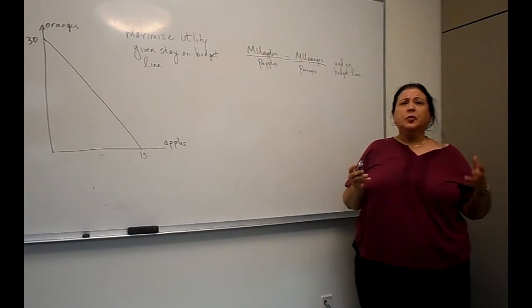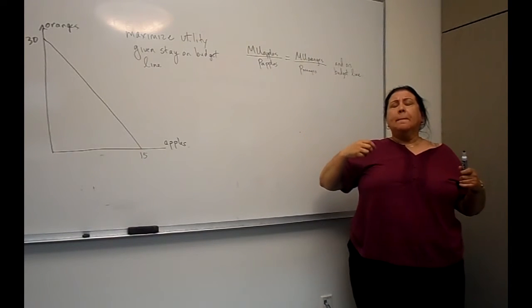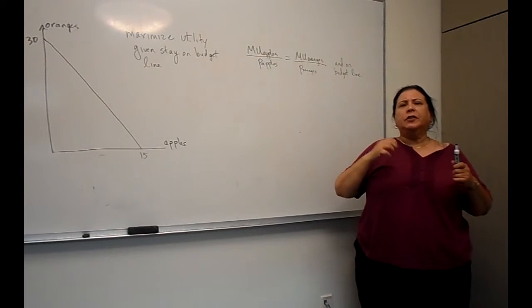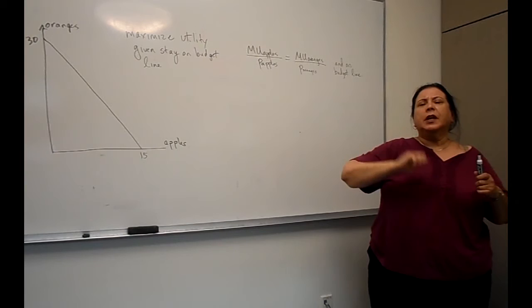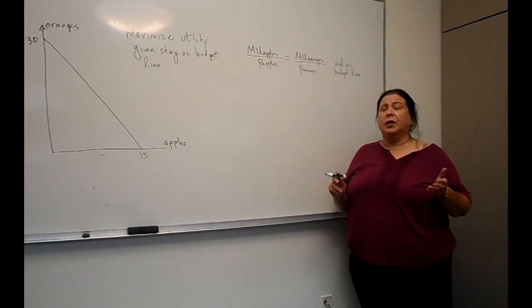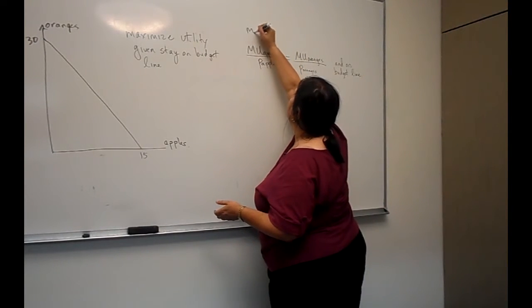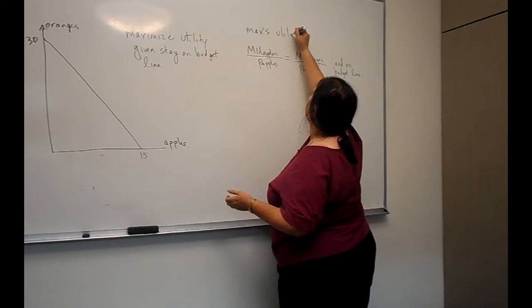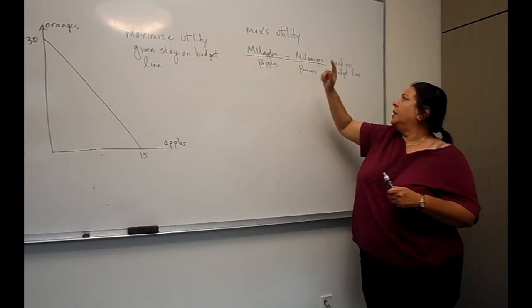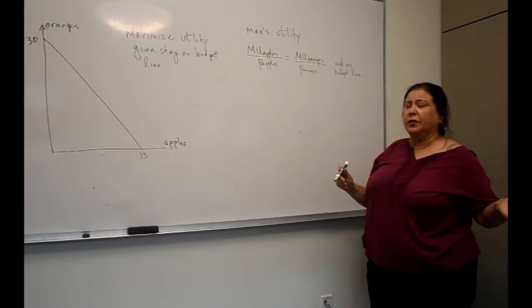Again, what the consumer is doing is allocating dollars between buying the two goods. So you're allocating how many dollars you want to put on buying apples and how many dollars you want to put on buying oranges. And that's going to give you the amount of both goods that you consume. The one that maximizes utility is when the marginal utility of apples divided by the price of apples equals the marginal utility of oranges divided by the price of oranges.